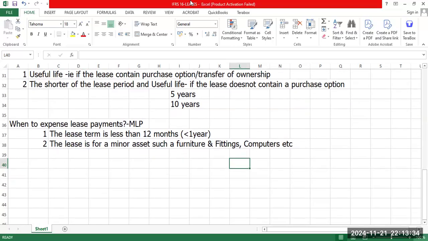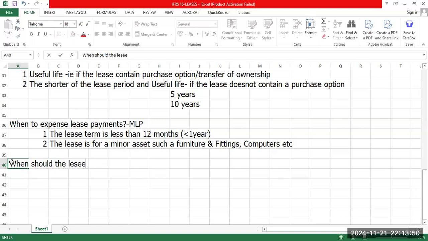Okay, that is another theory. Then lastly, maybe the last theory I can talk about here is when should the lessee remeasure a lease liability?